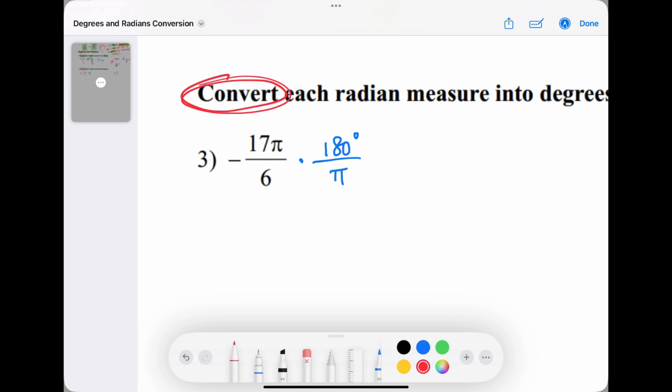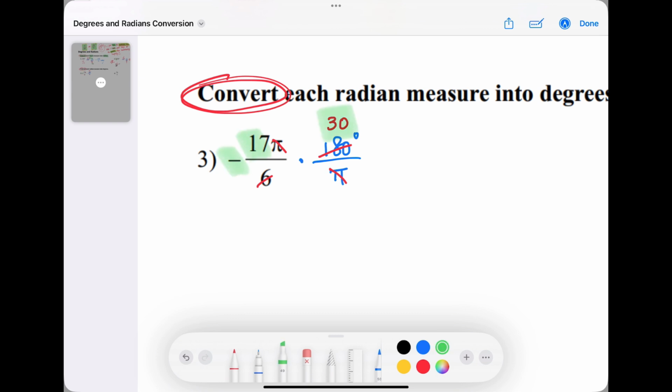So now I have 180 degrees over pi. Seeing is believing, you know that pi and pi cancel out. That's it. And what else can we do? I know that 180 can be divided by 6, so that becomes 30, right?